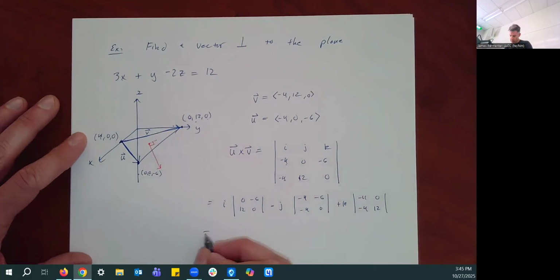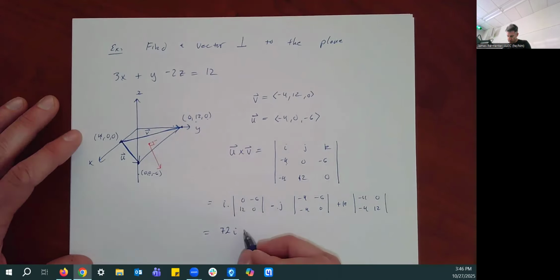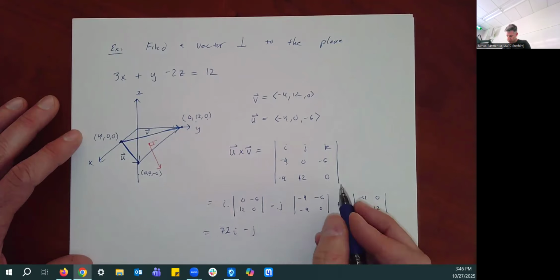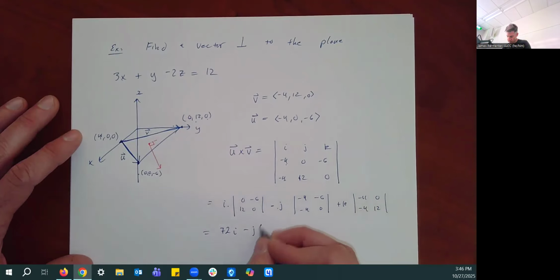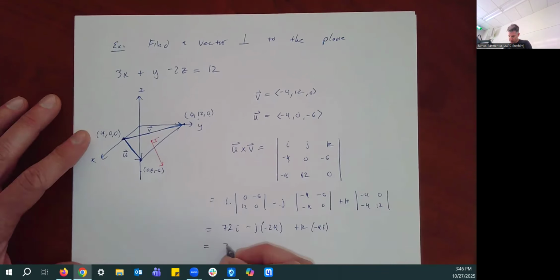So when we do this, we get i times 0 minus -72, so 72i, minus j times 0 minus 24, so -24, and then plus k times -48 minus 0. So then we end up getting 72i plus 24j minus 48k.